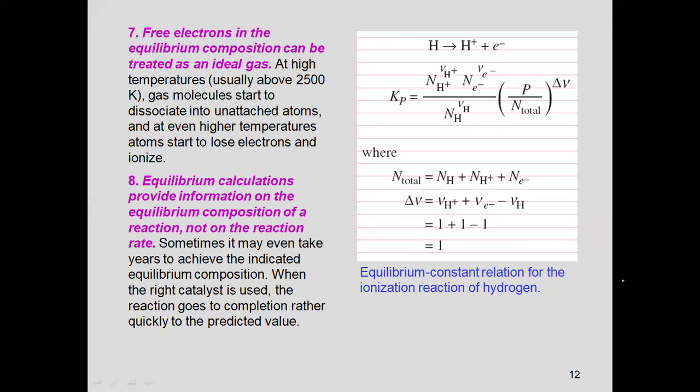In that case also, the free electrons in that state can be considered like ideal gases. And accordingly, you can write the Kp for ionization situations also, not only formal chemical reactions. For ionization situations also, you can write the same equilibrium constant expressions.